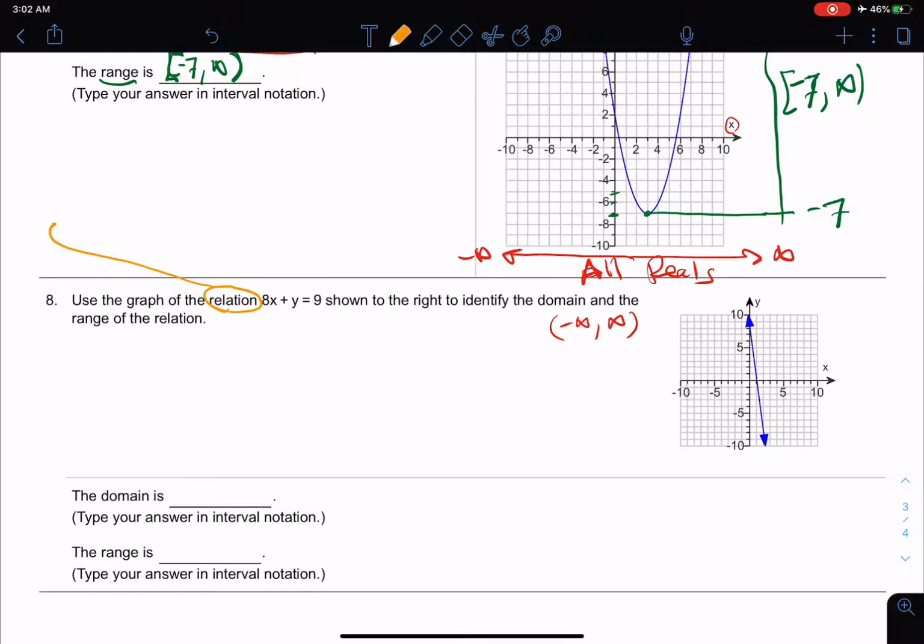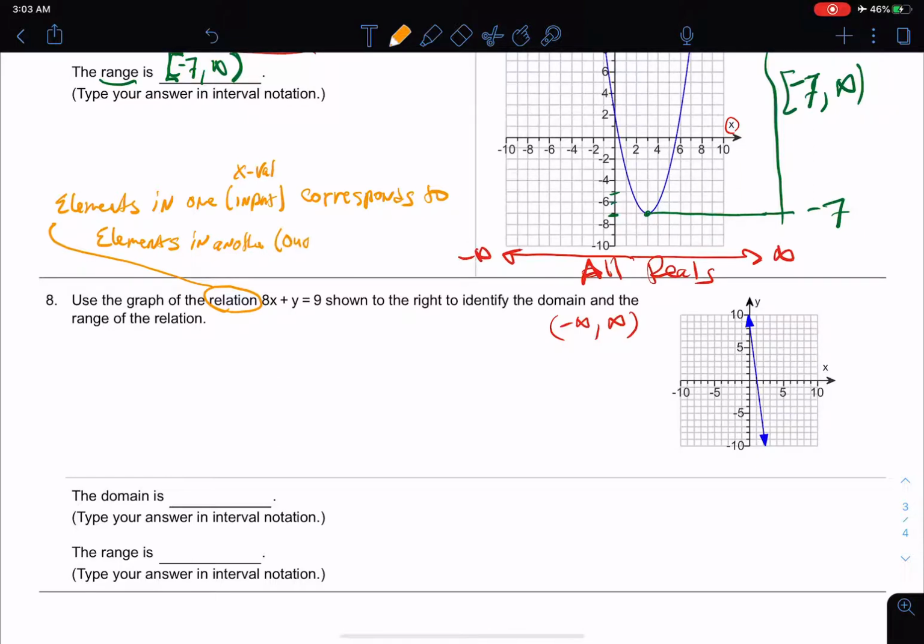I already said it a couple times, but a relation is when you have elements in one set, or the inputs, or in this case the x values, that correspond to elements in another set, which is the outputs. In our case, y values.